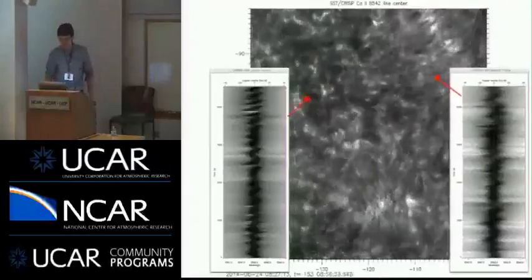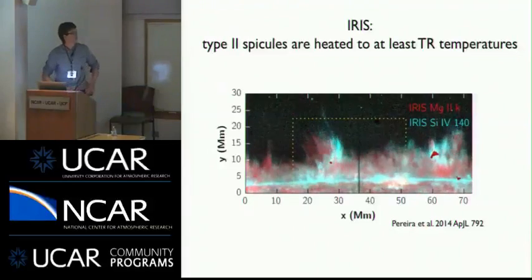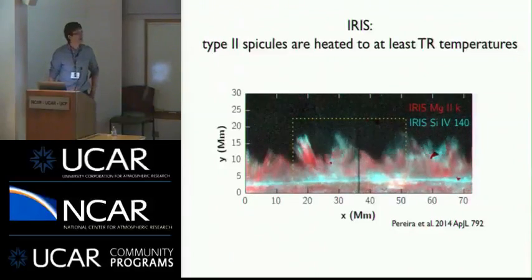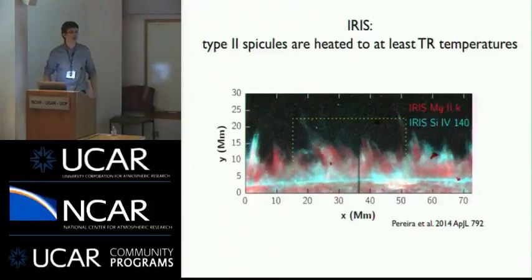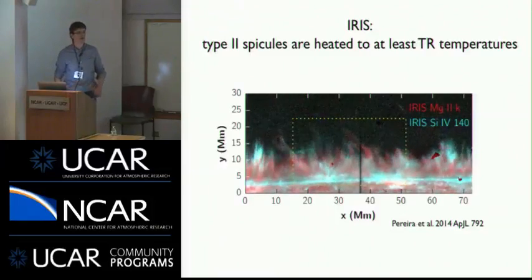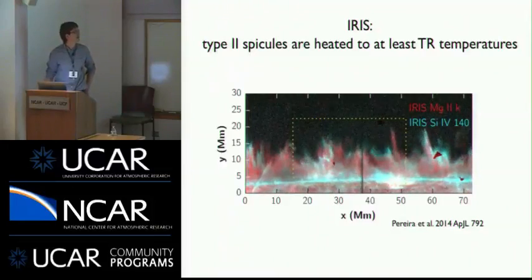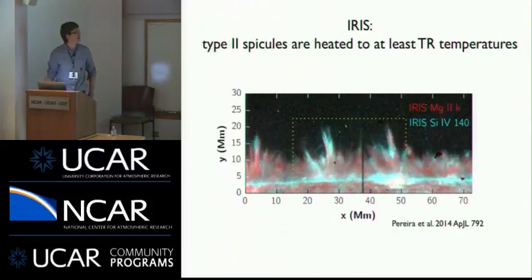of the spicules. So spicules you can of course observe much easier at the limb, and we know from all the observations that the spicules are heated to temperatures beyond the chromosphere. But now with IRIS, this can be shown very nicely.